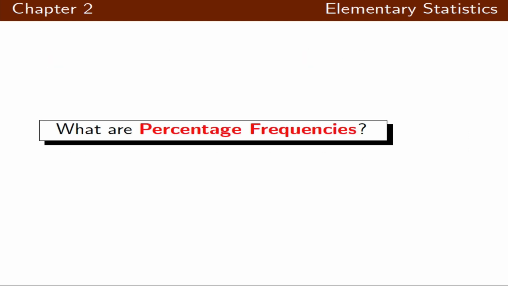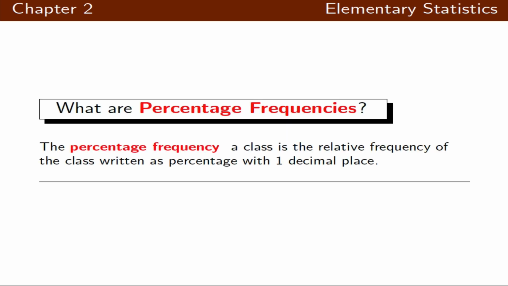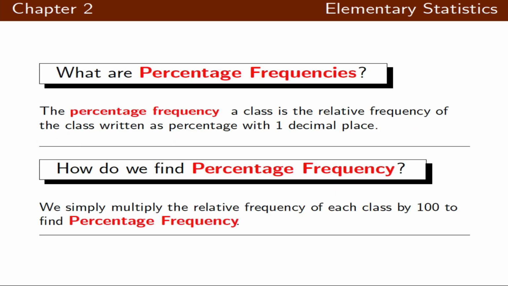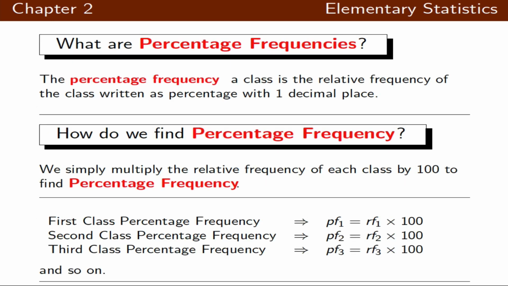Now the percentage frequency is very easy. We're going to take the relative frequency and multiply it by 100, basically moving the decimal point to the right twice to write it as a percentage frequency. So you take the relative frequency of the first class times 100. Take the relative frequency of the second class times 100, and so on and so forth.